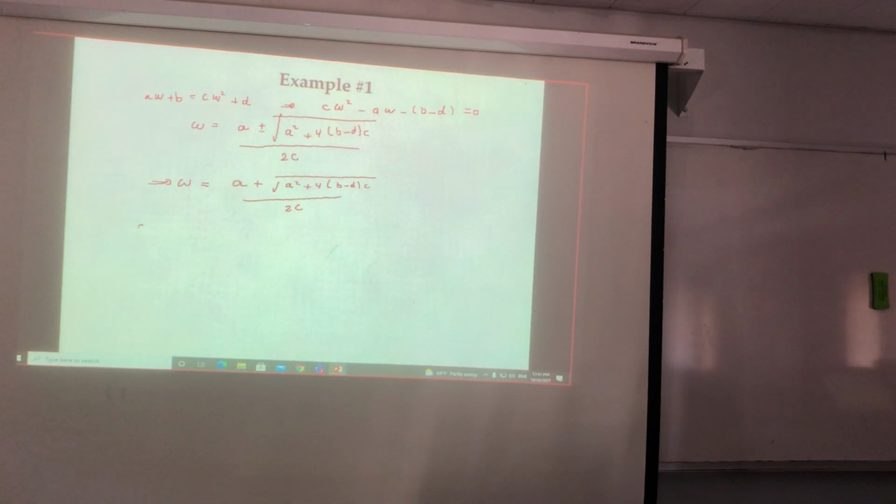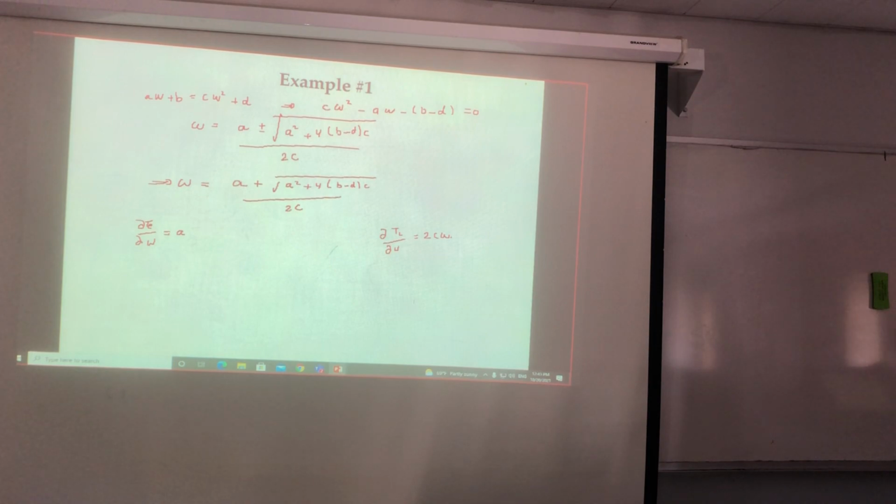So partial TE by partial omega is equal to A. Now, partial TL by partial omega is equal to what? 2C omega.